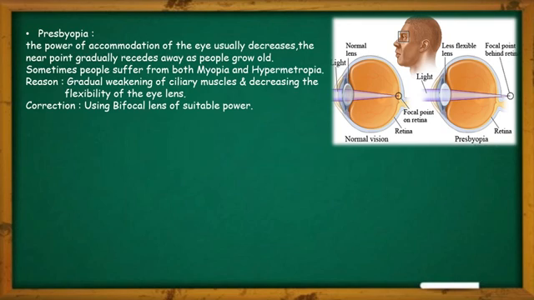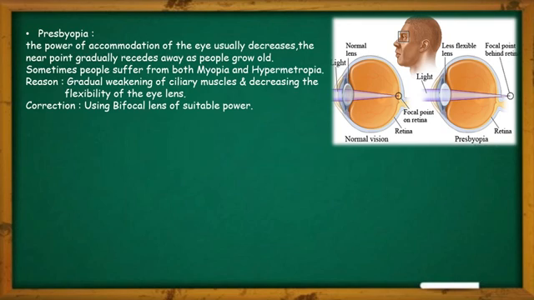This happens because their ciliary muscles are not very flexible, which means the flexibility of the eye decreases, for which their eye lens cannot auto adjust itself, and they face problems in visualizing objects. This kind of disease we call presbyopia. You also sometimes see persons who are suffering from both myopia and hypermetropia.